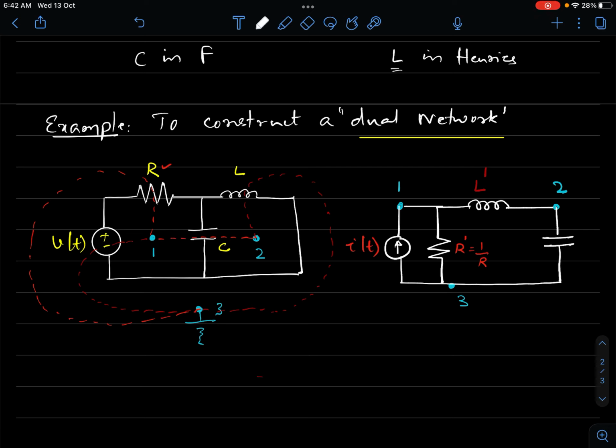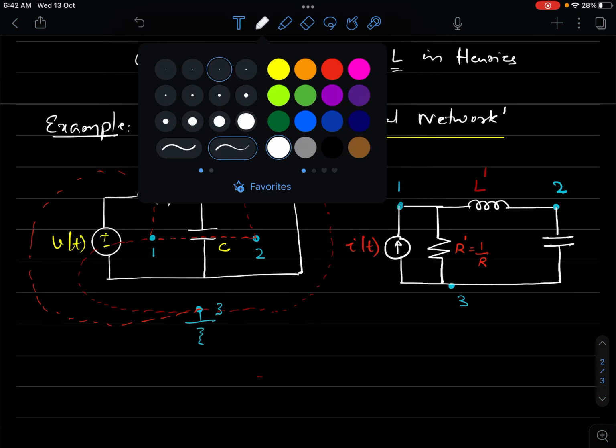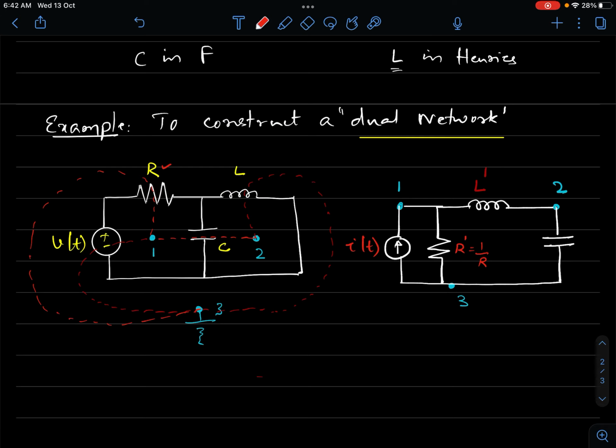This is my capacitor. The value of the capacitor, I will write it as C dash. What would be the value of C dash? It is equal to the magnitude of L. If L is 1 henry, C dash would be 1 farad. That is what it means.